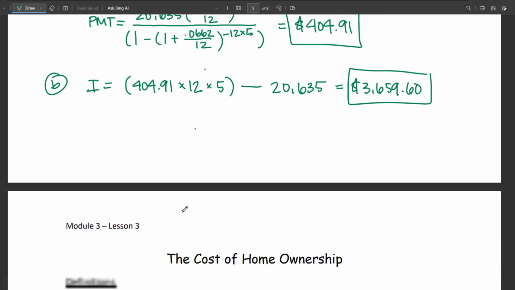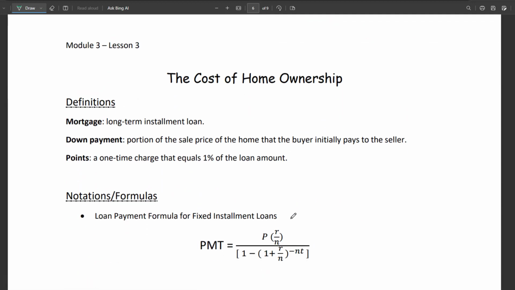All right. The next is home ownership or house payments, mortgages. A mortgage is a long-term installment loan. We have a down payment, which is a portion of the sale price of the home that the buyer initially pays to the seller. And then you have points.